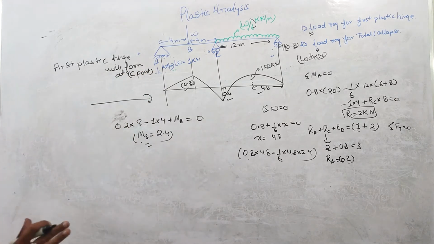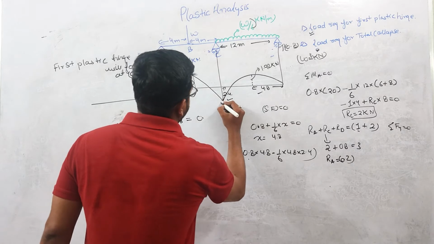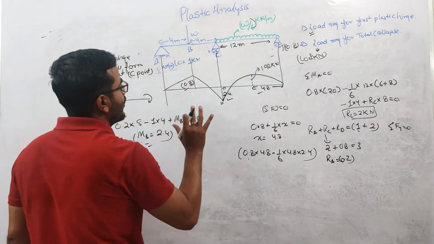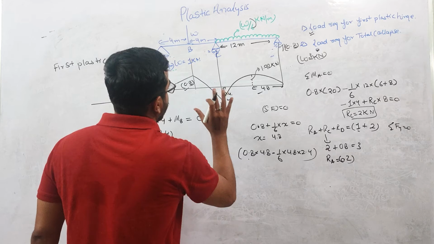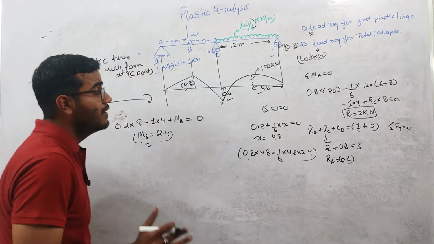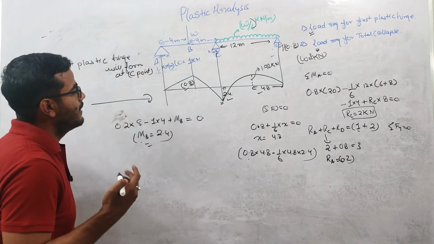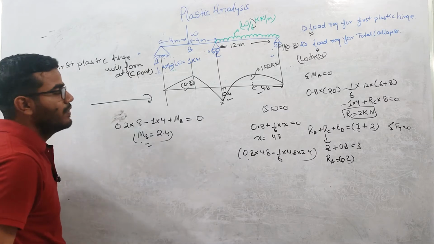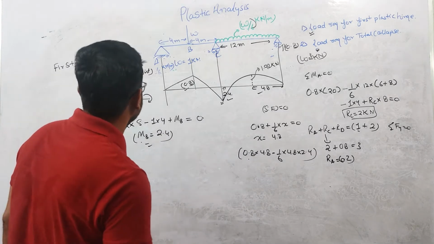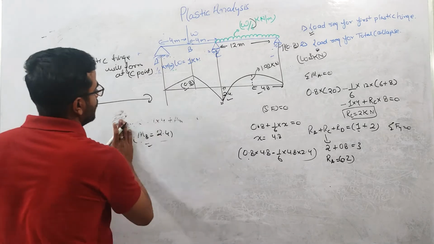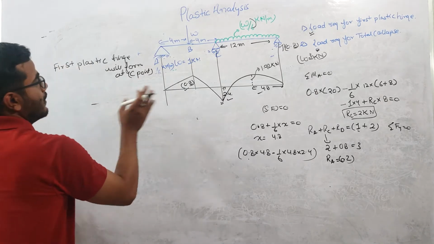There should be no doubt in this, because out of these three critical points, the bending moment is maximum at this C point. That's why the first plastic hinge will form at this C point, and we are not bothered about any direction. We are just considering the magnitude value.